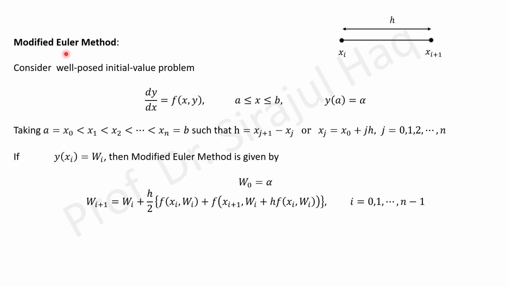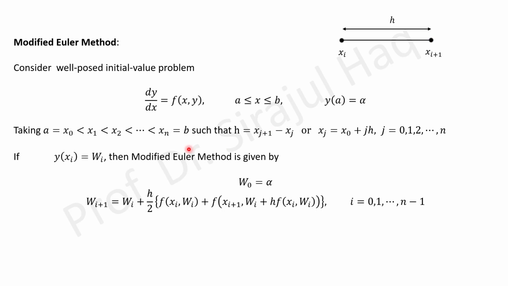Now, a slight modification in the technique. Remember, the solution at the previous point is used here also. But focusing on the value of the function, you can see that this is the value of the function at x is equal to xi, and if you look at this point, this is the value of the function at x is equal to xi plus 1.